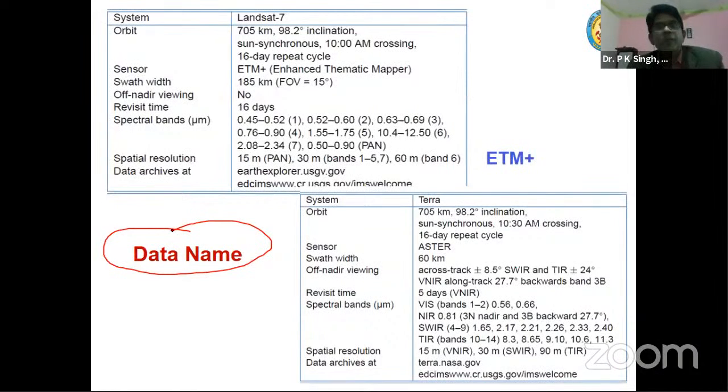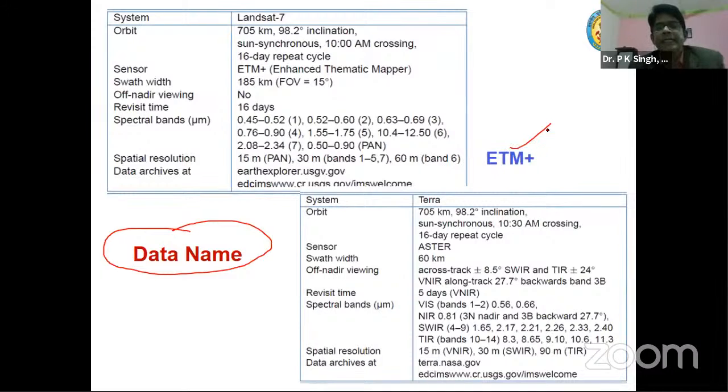So LISS-3, if you want very old data of LISS-3, you will get IRS-1 LISS-3, IRS-2 LISS-3, and now it is IRS-P6 LISS-3. Means on different satellites, the LISS-3 has been put. So if you are talking about LISS-3 data, you don't have to bother about the platform on which it was fixed. So remote sensing data is named on the basis of the sensor, like LISS-3 data, ETM plus.